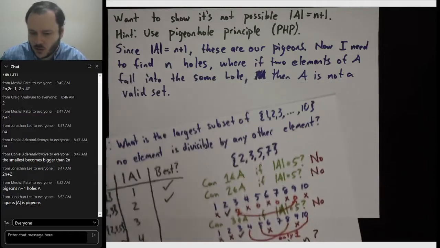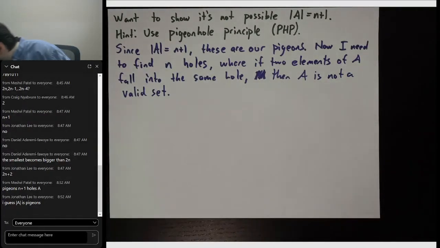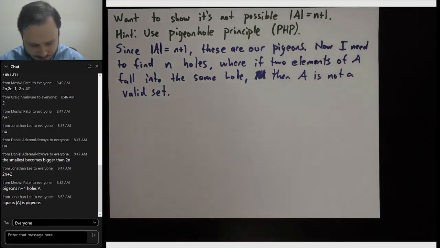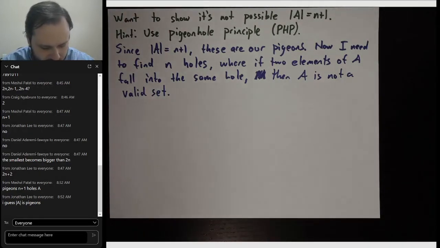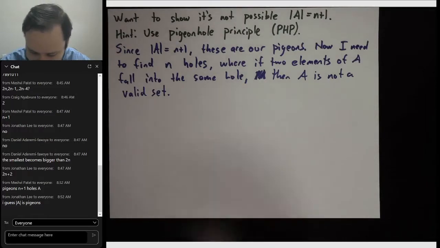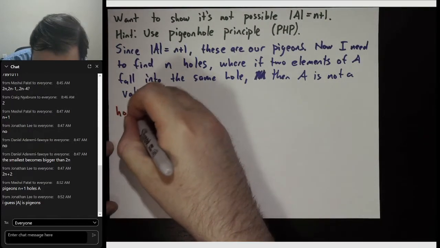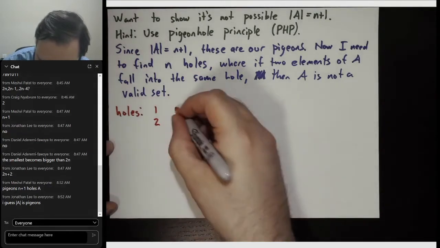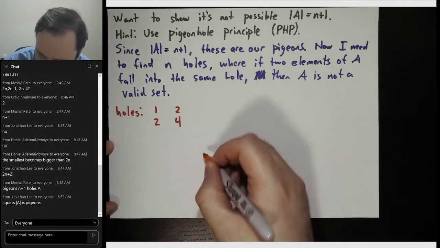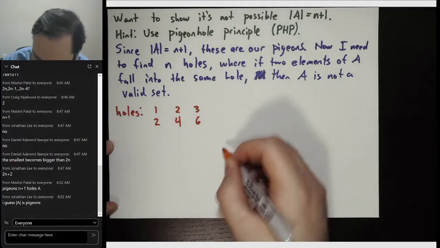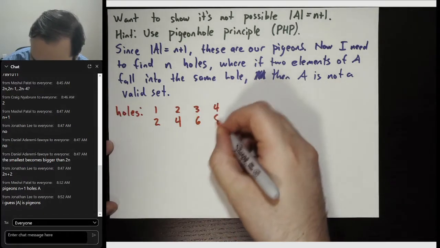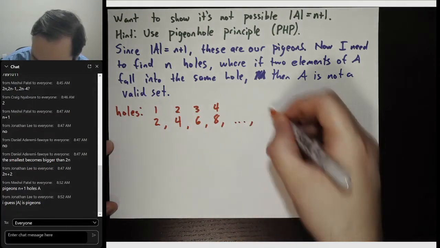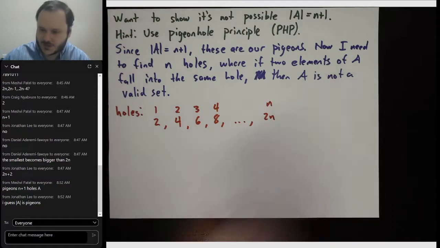We're going to make our holes pairs of numbers, where I'm only allowed to have 1 out of the 2 numbers. So here are my holes. 1 and 2, 2 and 4, 3 and 6, 4 and 8, all the way up to n and 2n.